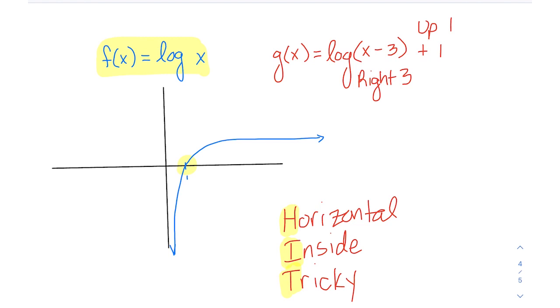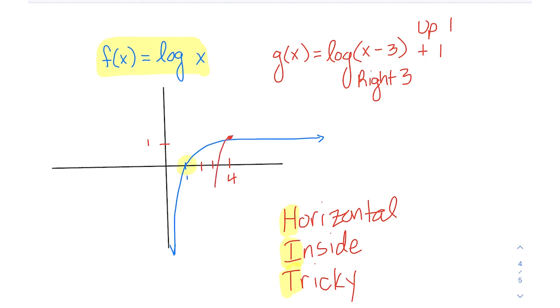So if we go right 3 units, 1, 2, 3, so it would be at 4 for x, and then we go up 1, that would be at 1 for y. So this is going to act basically as our new x-intercept here.